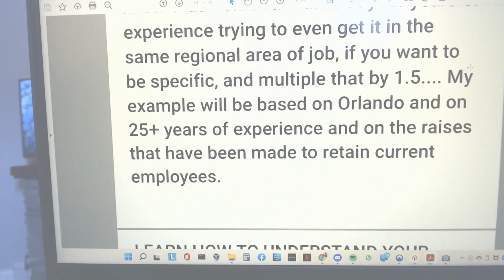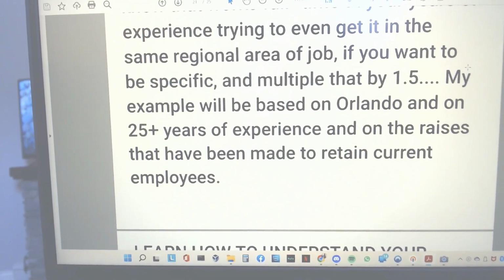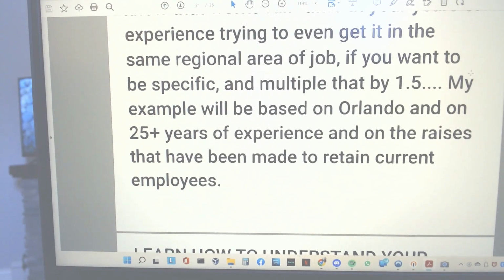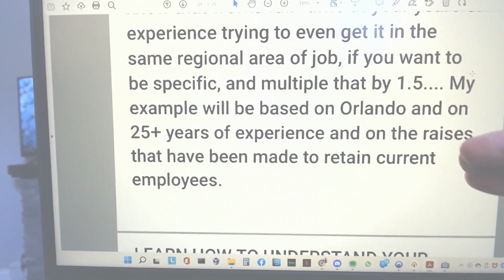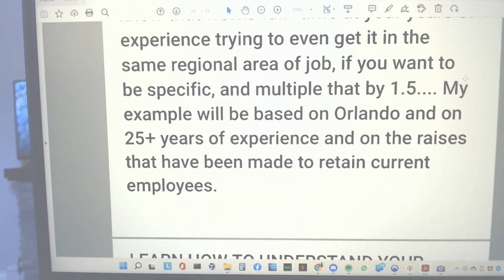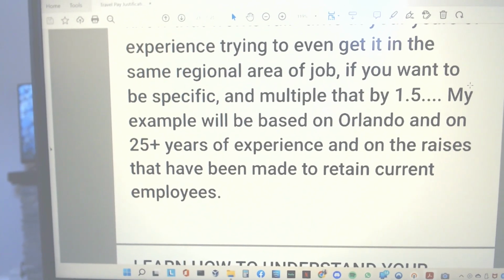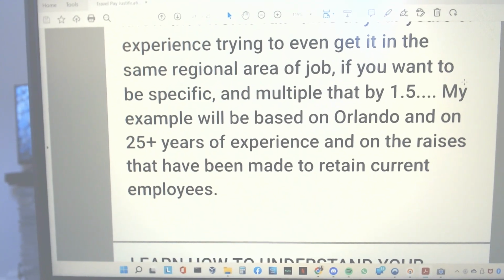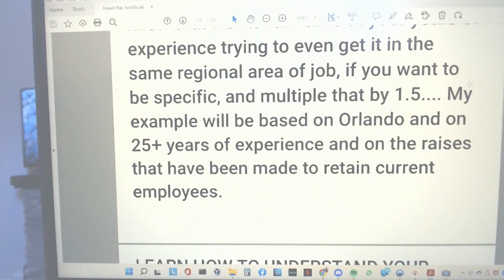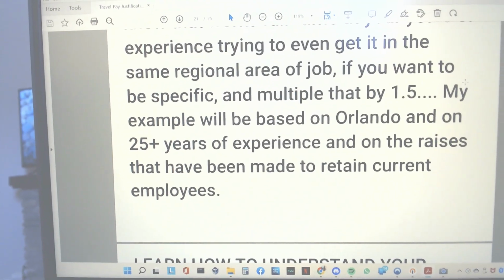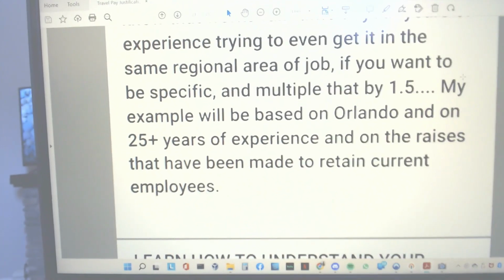I know travel isn't always based on years of experience. I realize that. It's not what I'm saying. I am trying to show you how travel should be paid out if it's paid out properly and in accordance with what they would pay you as a full-time employee.